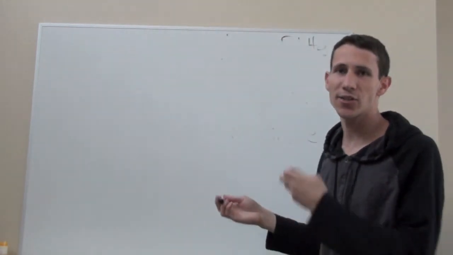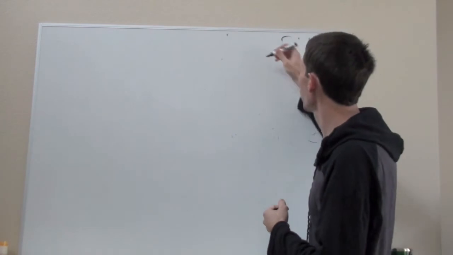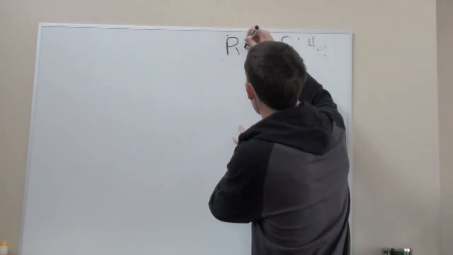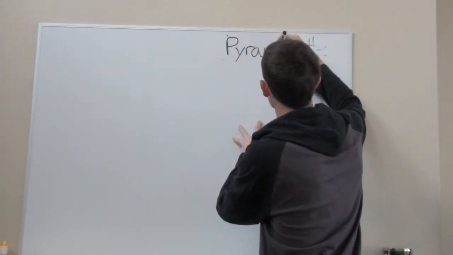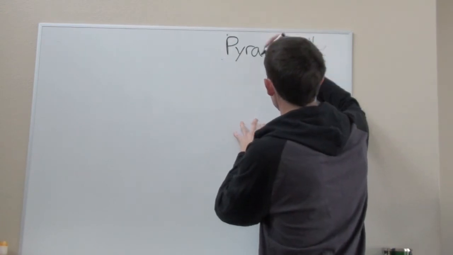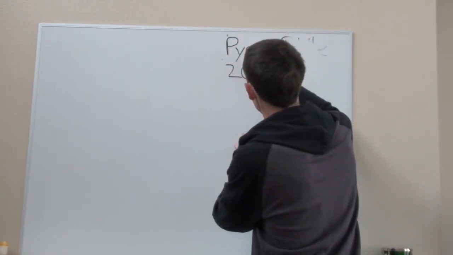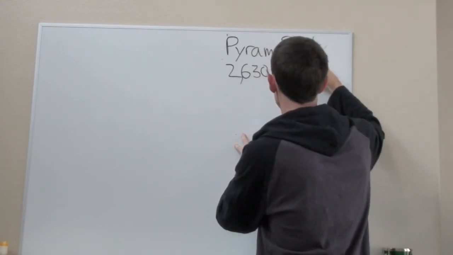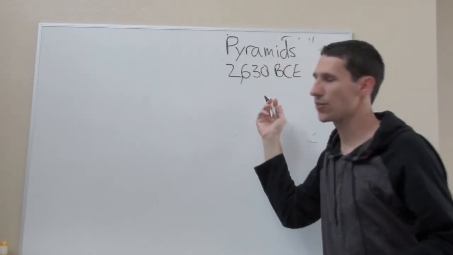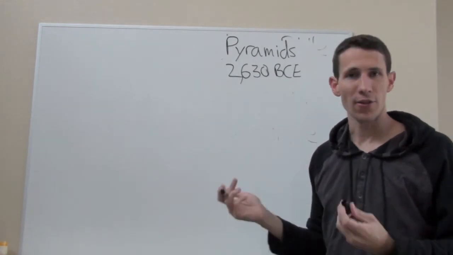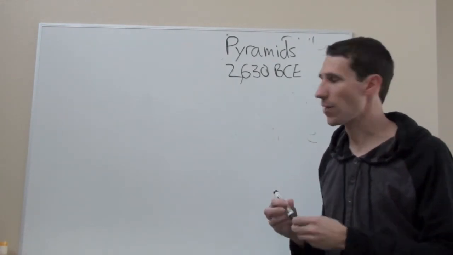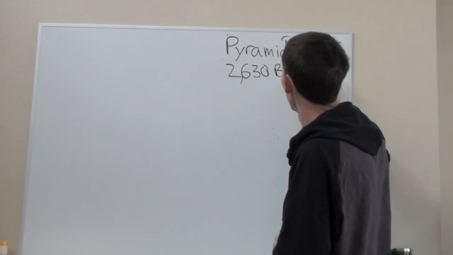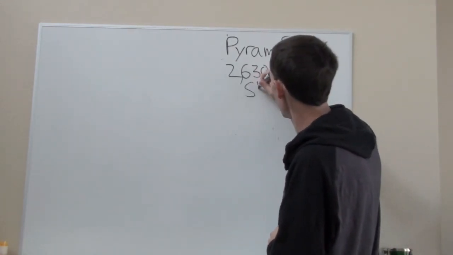So, just to get some dates and some key facts for the pyramids. 2630 BCE, the 3rd dynasty, you're going to have that step pyramid.